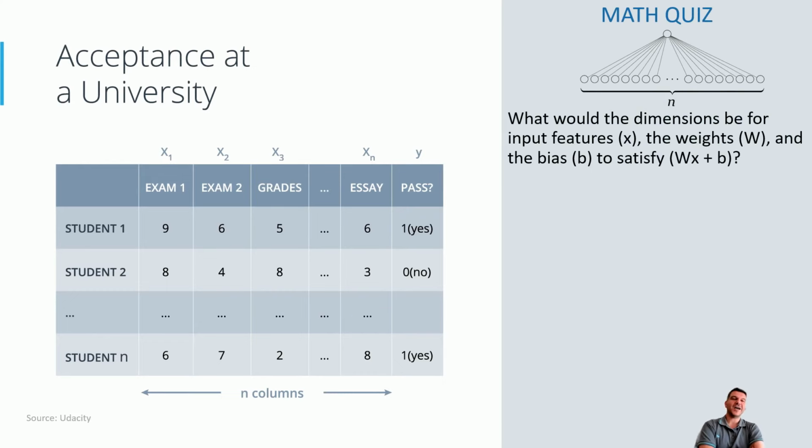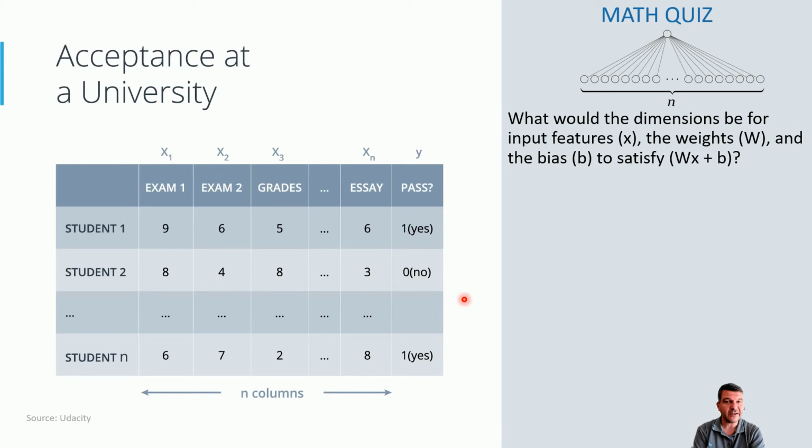Now let's have a small math quiz, because in order to multiply the weights with the inputs, we will have to do matrix multiplication. Don't worry, you won't do this yourself. TensorFlow or PyTorch will do this for you, but you have to know what we're doing, right? So let's look at this example.